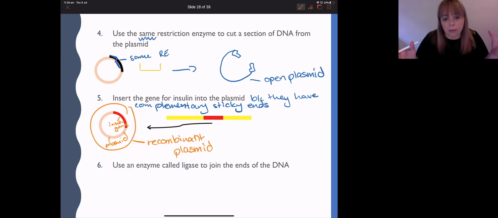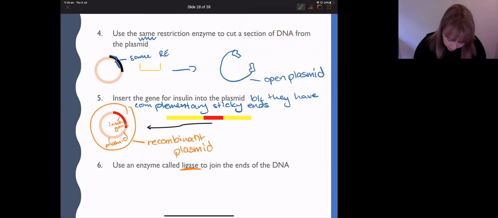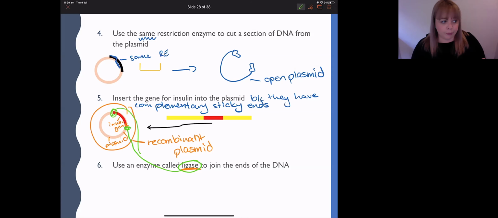So we've cut open the plasmid, we've inserted the gene for insulin. We also use ligase to join them back together. So the ligase, I'm just going to do that in green. So ligase sticks here and here. Yeah. So that's what the ligase is used for, to stick that insulin gene into the plasmid. And now we have this thing called a recombinant plasmid.